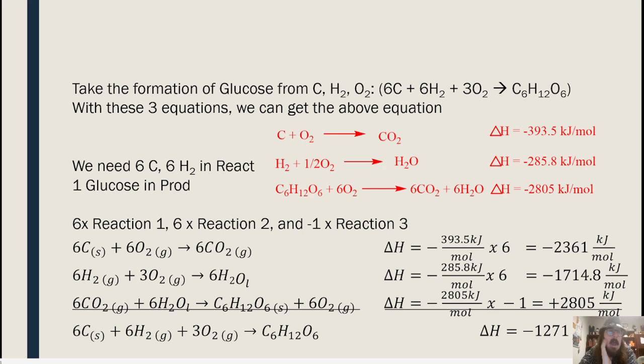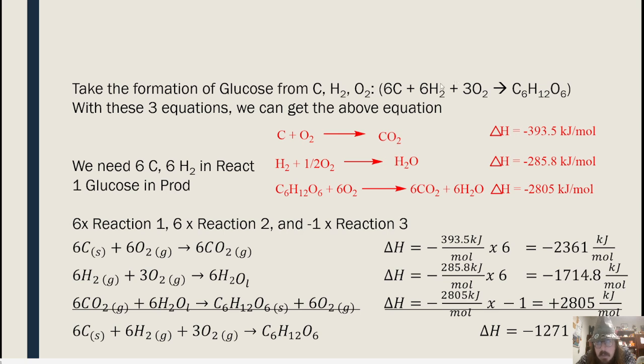And when we add all the reactions together, 6 carbons carries down, 6 hydrogens carries down, 6 CO2s will cancel with 6 CO2s. 6 of these oxygens will cancel with 6 of those oxygens. But 3 of these oxygens are left behind and are going to stay down here. 6 waters will cancel with 6 waters, and so we're left with only glucose as the product.